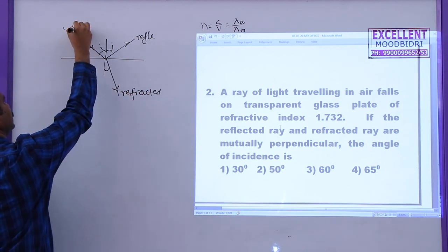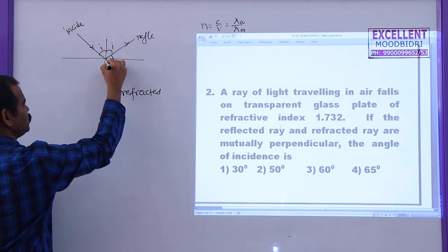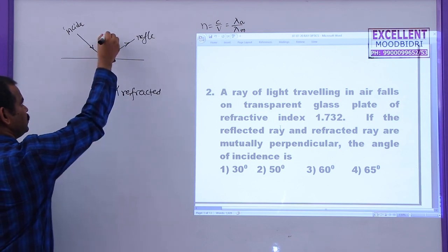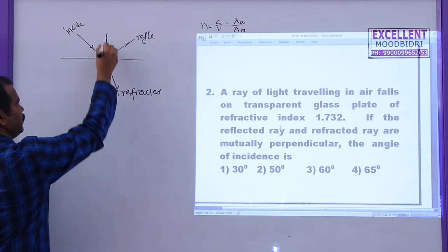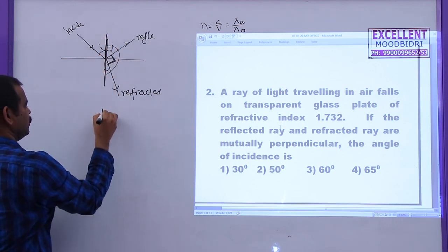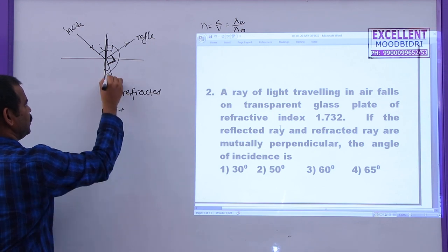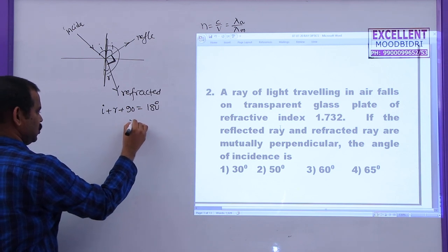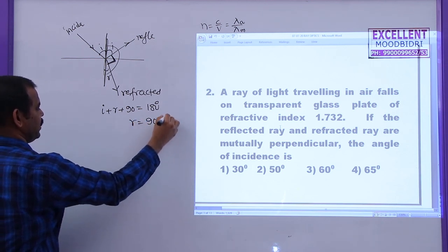We know that these two are perpendicular to each other according to this given problem. So what is the sum of the angles on a straight line? On a straight line, this is 180. So I plus R plus 90 is equal to 180. So R is equal to 90 minus I.